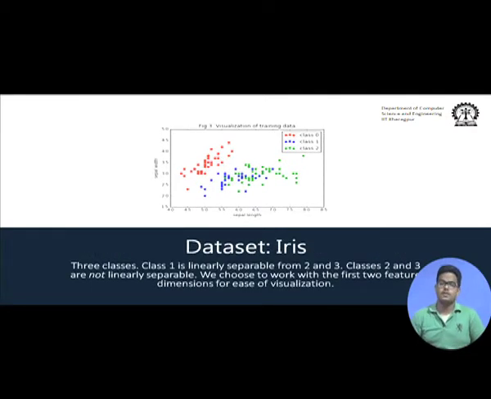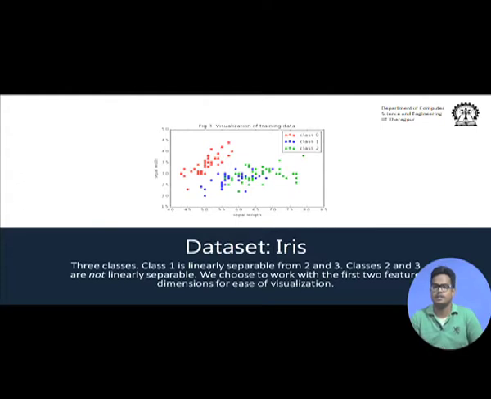We will use a modified version of the iris dataset in this exercise. The iris dataset has flowers, and these iris flowers fall in three species, and the task is to classify the iris flowers from the sepal and petal dimensions.